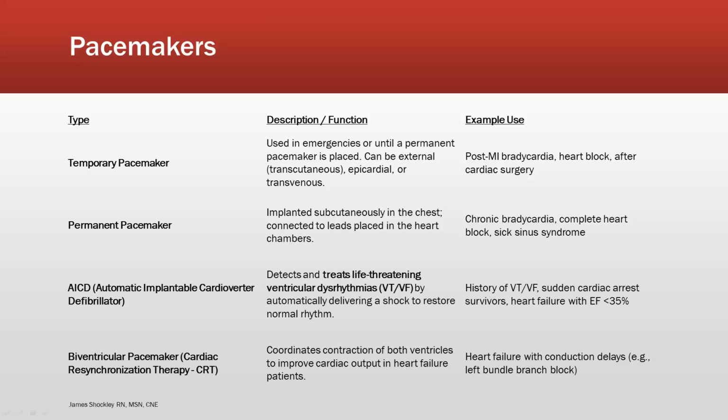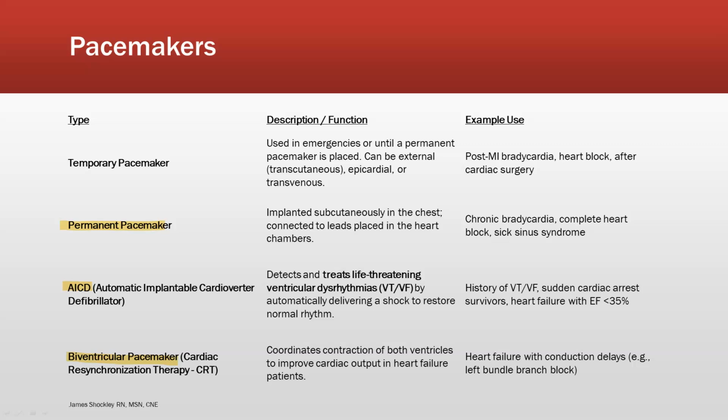So again, just our types. You have temporary pacemakers, permanent pacemakers. You have AICDs, which are defibrillators. And a lot of the times you will have AICDs that also have a pacing function. And then you have this biventricular pacemaker, that's your CRT.